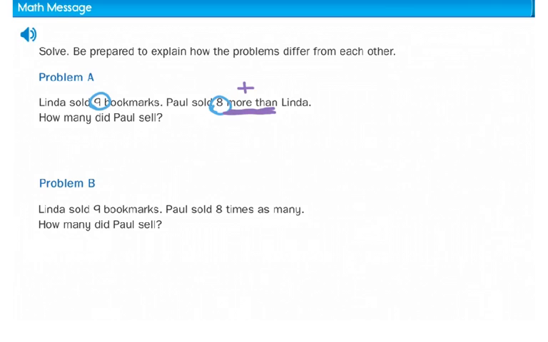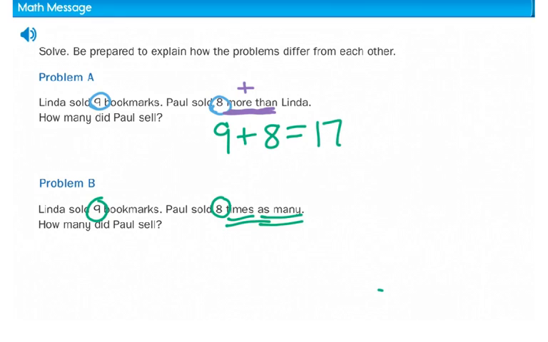Problem B, let's read that. Linda sold 9 bookmarks. Paul sold 8 times as many. So I notice that the numbers are the same, but there are words there that indicate different operations. If Linda sold 9 and Paul sold 8 more, we would know that Paul sold 17 bookmarks.